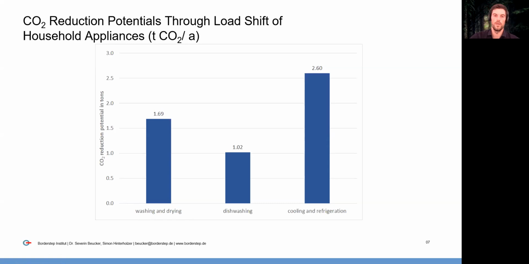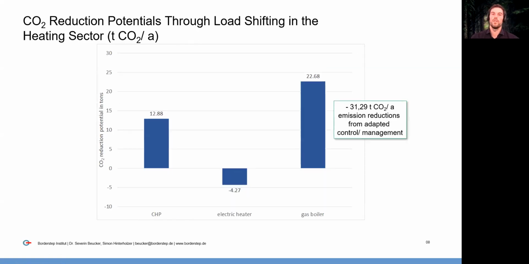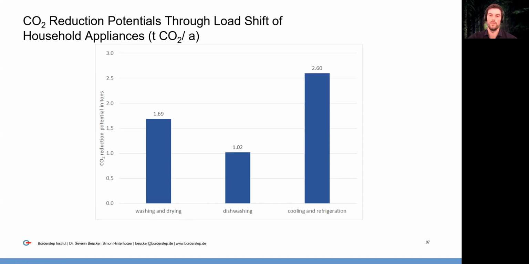shifted, for example. And the CO2 reduction potentials through load shifting in the heating sector were calculated by real operation data, which we collected through the last year, while the operation data from these appliances were calculated on average appliances of dishwashing, for example, or washing and drying within Germany.